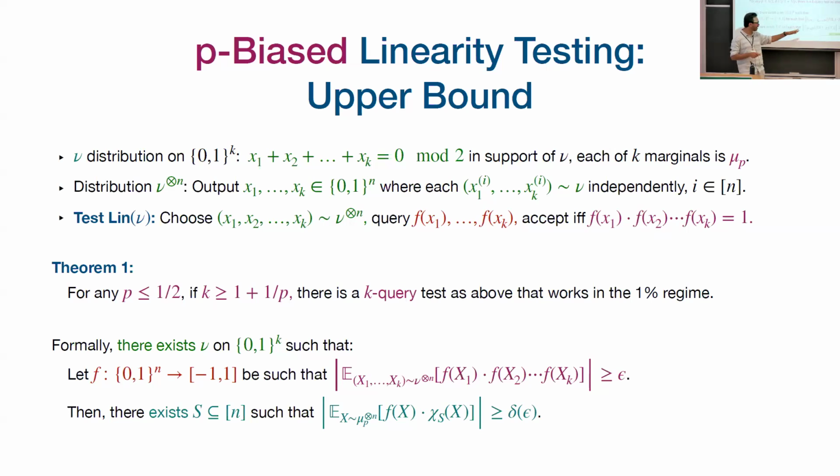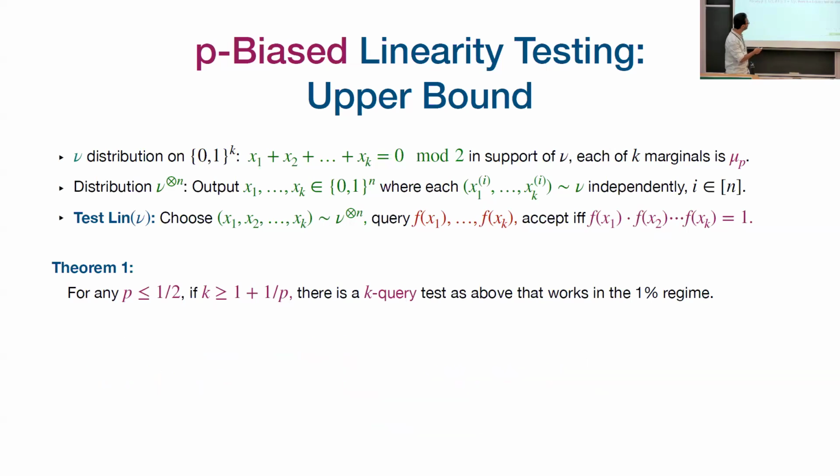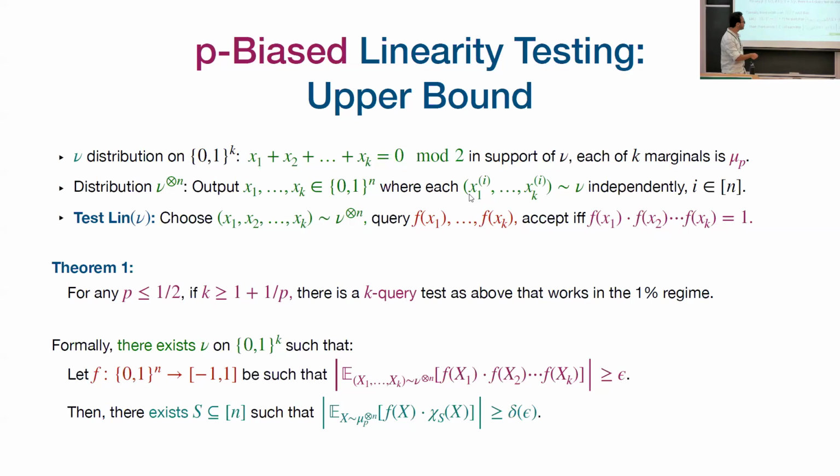Now we don't get epsilon over 10; it's some horrible function of epsilon. Just to parse it in words: if the expectation of f of x1 up till f of xk is at least epsilon, which you can think of as the test accepting with probability at least half plus epsilon, then f has correlation with a linear function which is at least some constant.